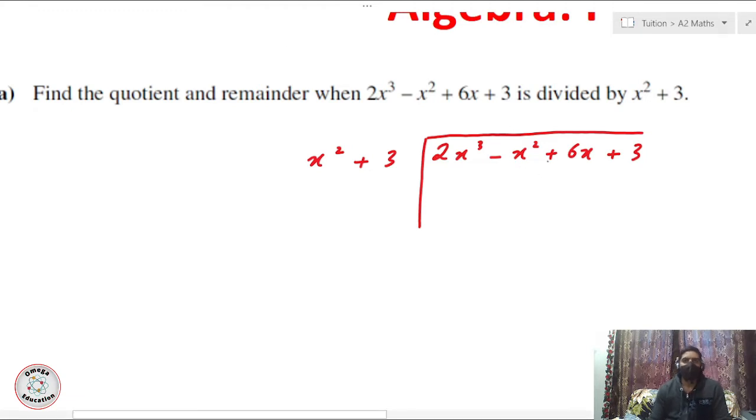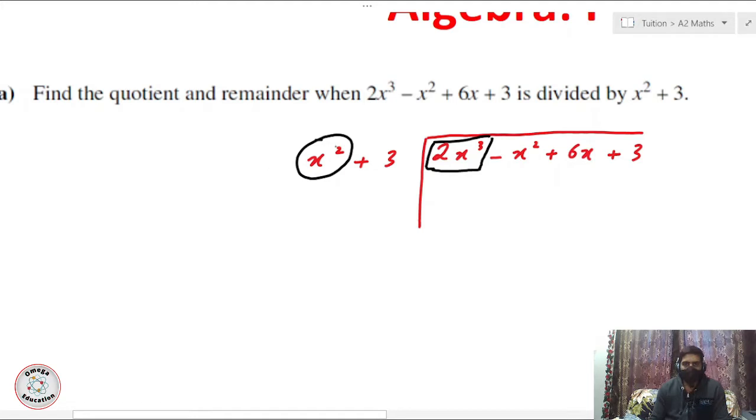Alright, now I hope everyone understands that the thing that you're dividing with is written on the outside, and the thing that is being divided is written on the inside. Now, what is the first step? Well, the first step is to consider the very first term of the polynomial on the inside, and you also consider the very first term of the polynomial on the outside.